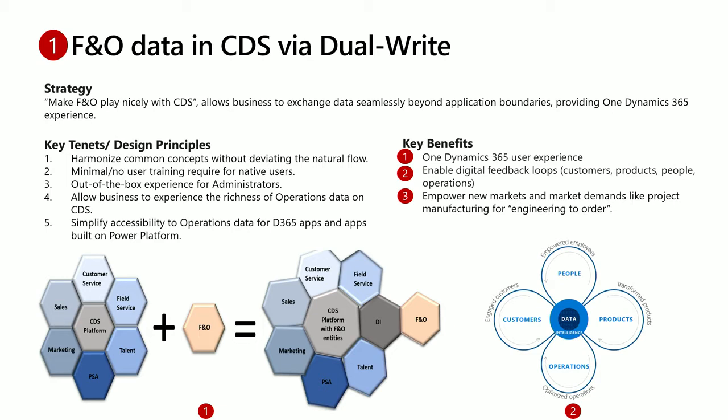You answer those questions, and once the process is done, dual write will be set up for you on the fly. And once the setup is ready, the system will be available for live sync. So that is the experience we are heading towards.